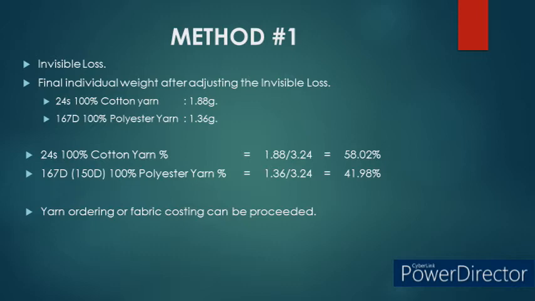Now, the 24's 100% cotton content in the fabric is calculated by dividing the individual weight of the 24's 100% cotton yarn by the total weight of the fabric, that is 1.88 divided by 3.24, which is 58.02 percent. Then the polyester content in the fabric is calculated by dividing the individual weight of the 167 denier 100% poly yarn by the total weight of the fabric, that is 1.36 divided by 3.24, which is 41.98 percent.